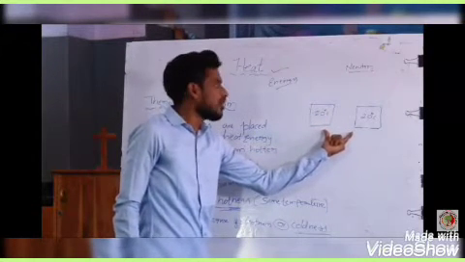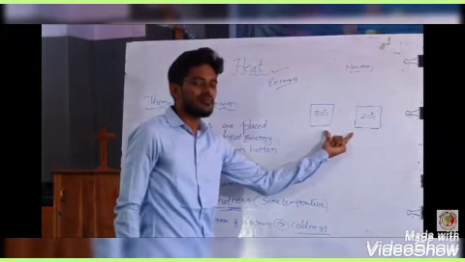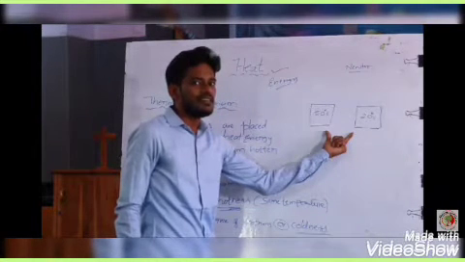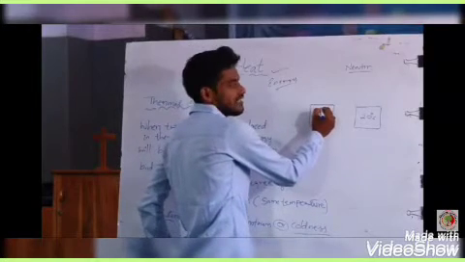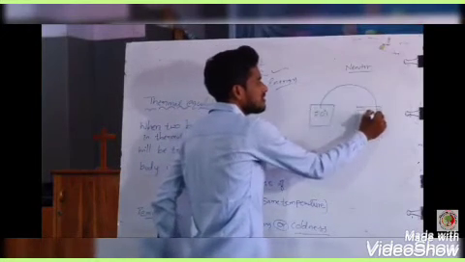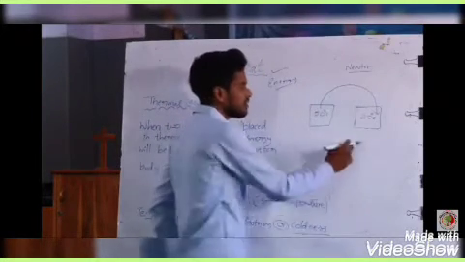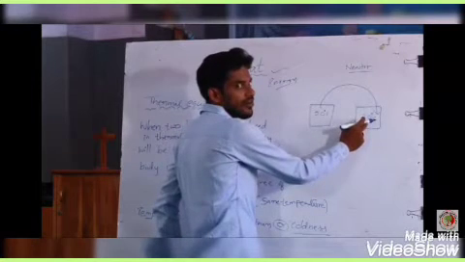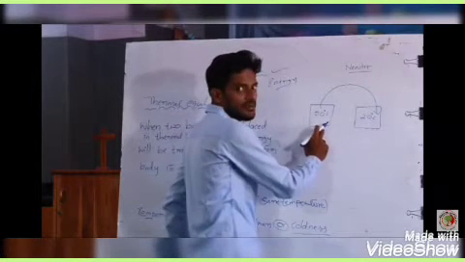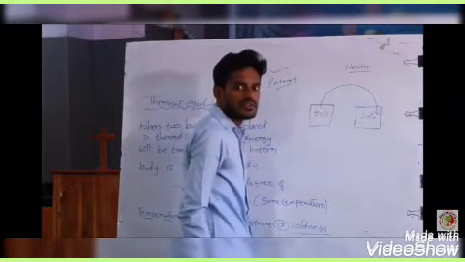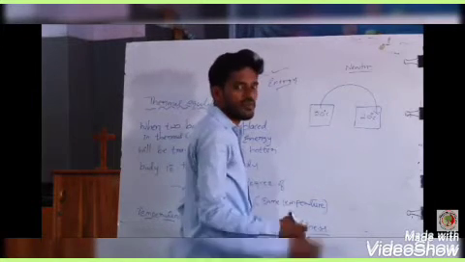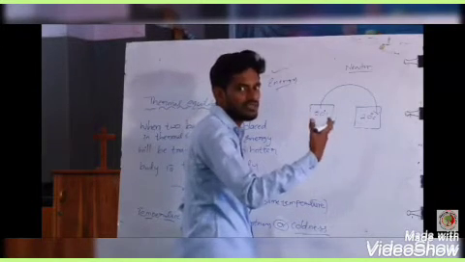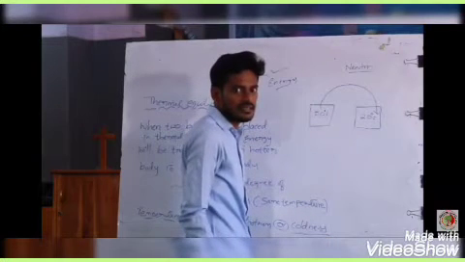Among these two objects, which one has more temperature? That means more degree of hotness. This one. Obviously, heat flows from this body to the body which is at lower temperature, from higher temperature to lower temperature, or higher degree of hotness to lower degree of hotness.